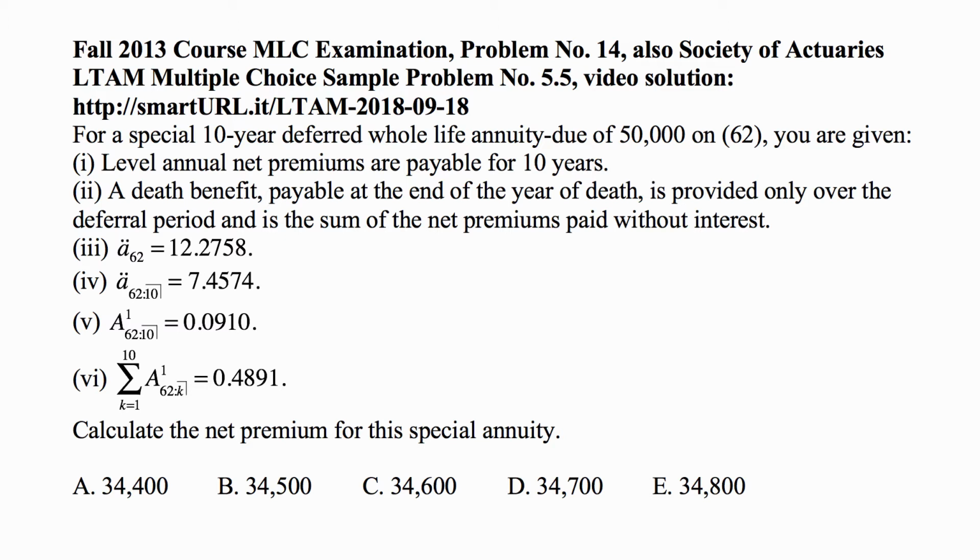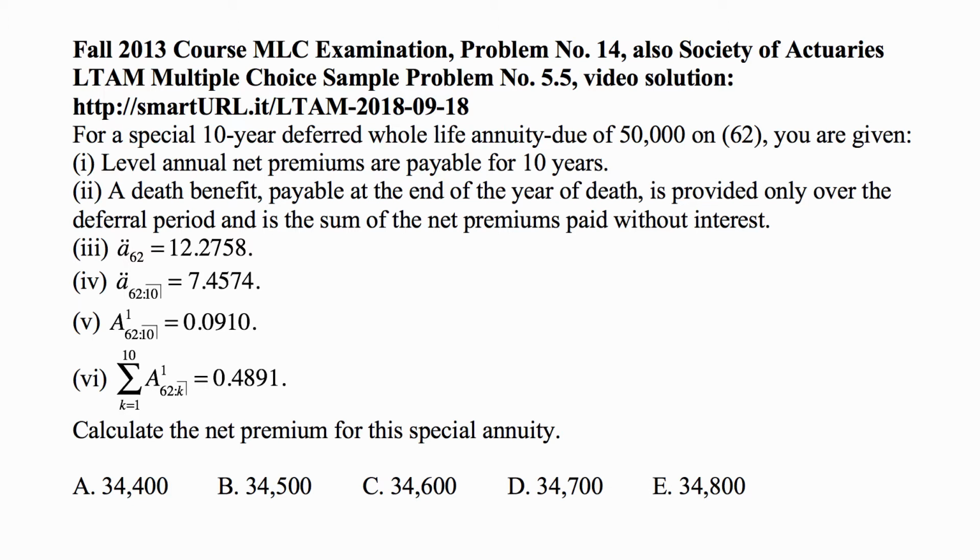A.62 is 12.2758. A.62 angle colon angle 10 is 7.4574. The cost of a term life insurance over 10 years on a 62-year-old, a single net premium or single benefit premium, is 0.0910.